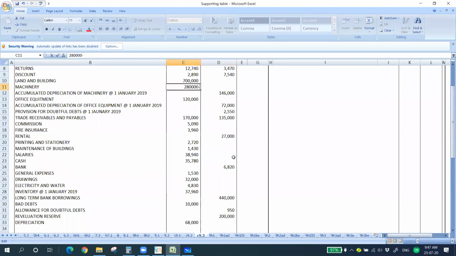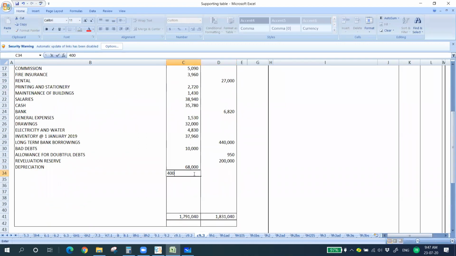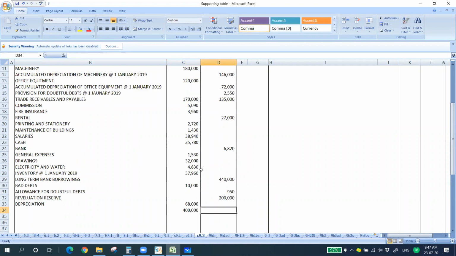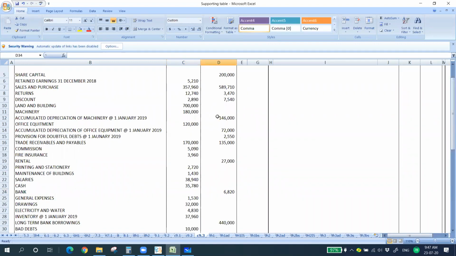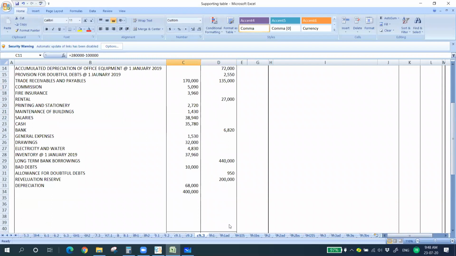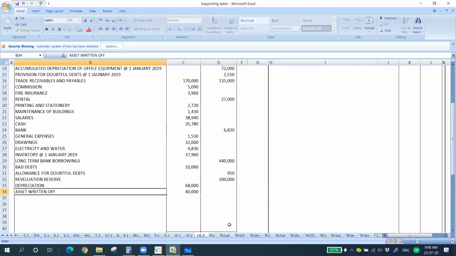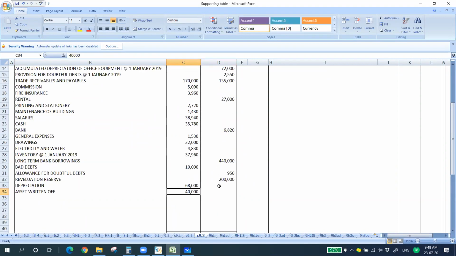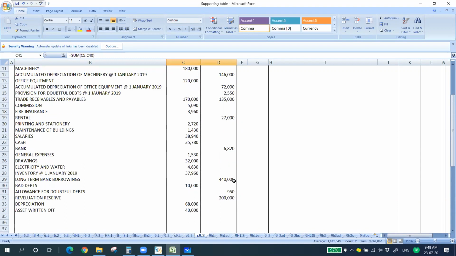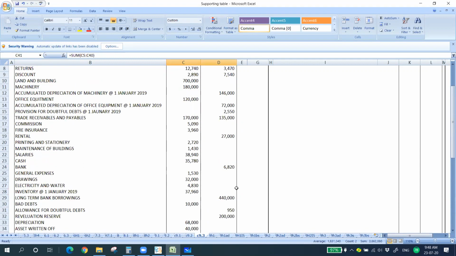We minus 100. And then we have another 40, asset written off. So by doing so, your total can tally. Okay, please have a look.